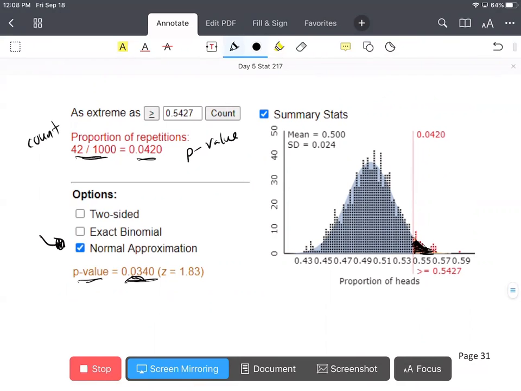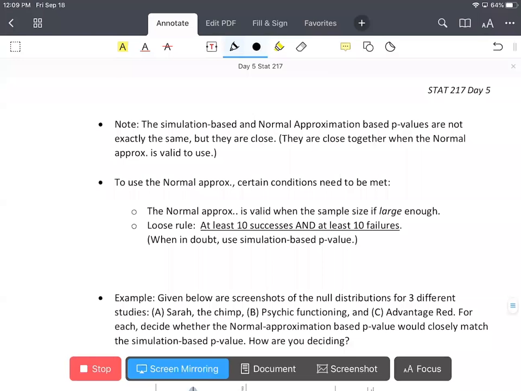The nice thing is that means you don't necessarily have to run a simulation to get a p-value. So note, the simulation-based and normal approximation-based p-values are not exactly the same, but that's okay. They're close. Normal approximation is valid to use.